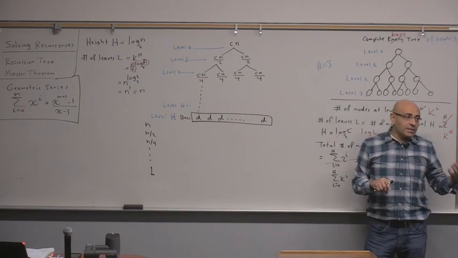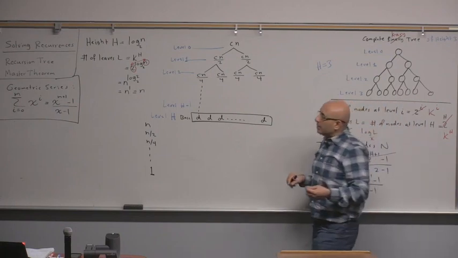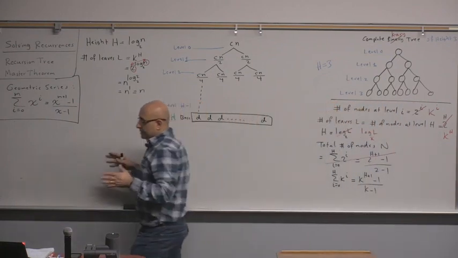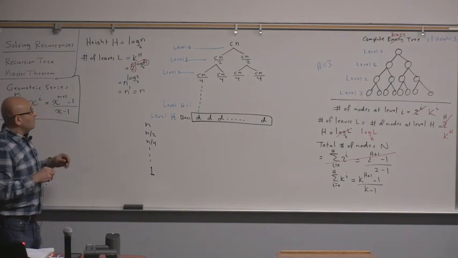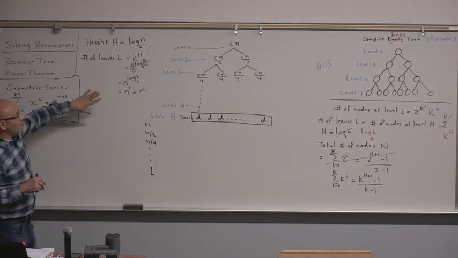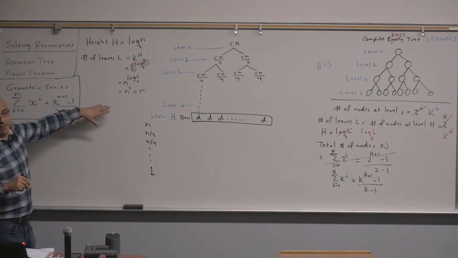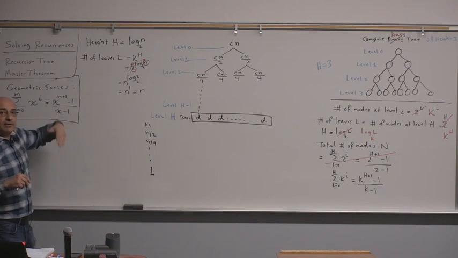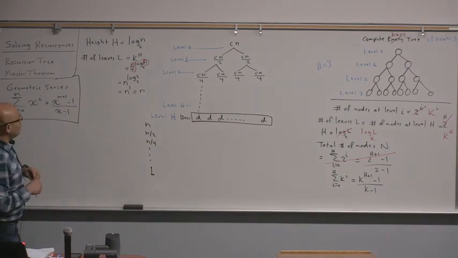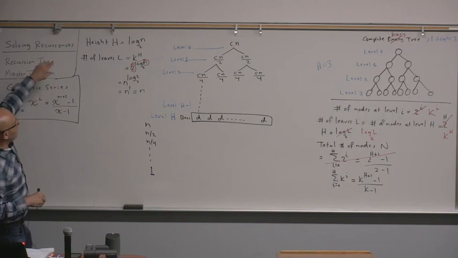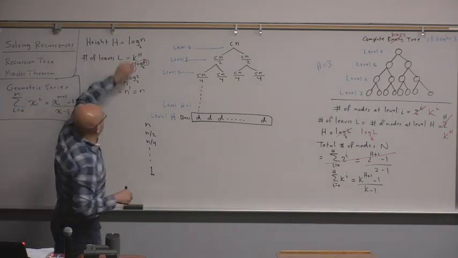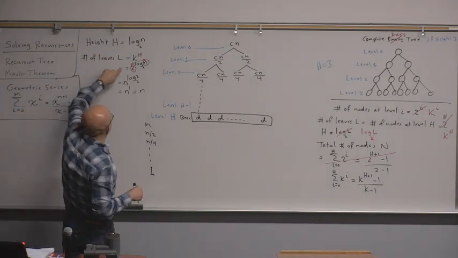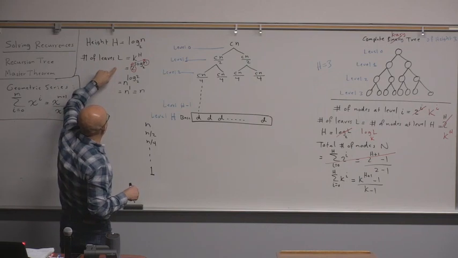Then we will apply it to a harder example, and it will make more sense. So what we have calculated here is the height, which is log n base 2, and the number of leaves is n.